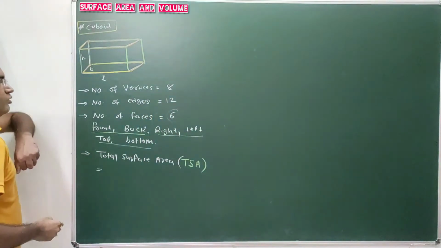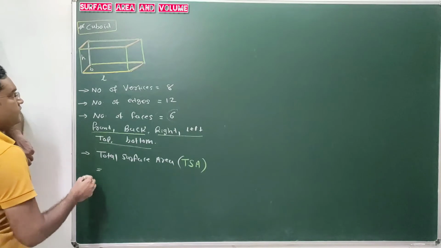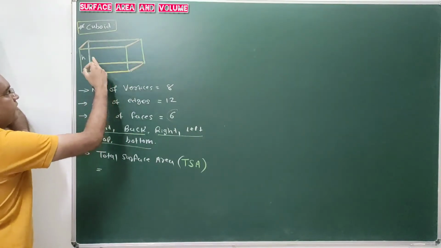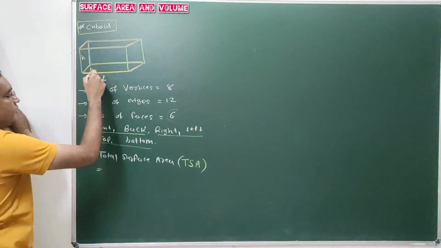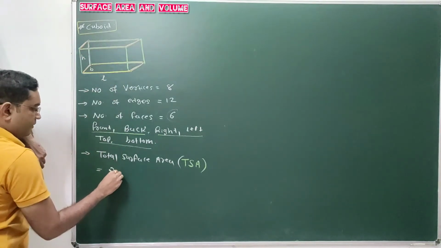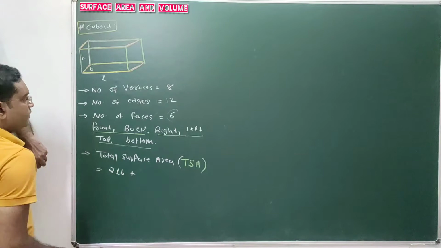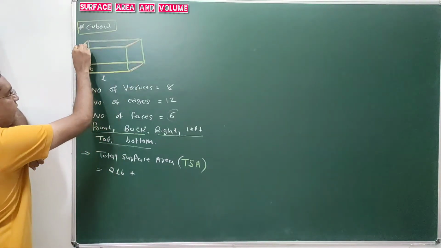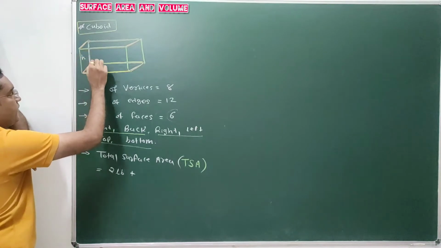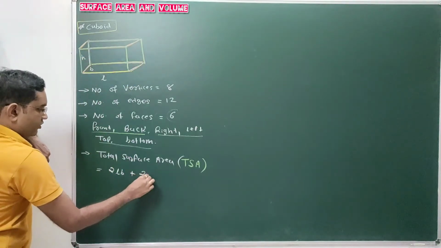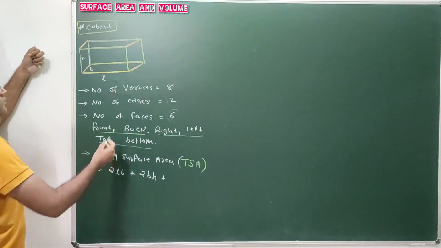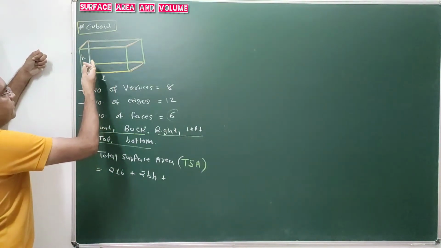So the sum of the areas of the 6 faces: bottom and top are both equal, so it's LB plus LB, which is twice LB. Right and left faces have height H and breadth B, so twice BH.